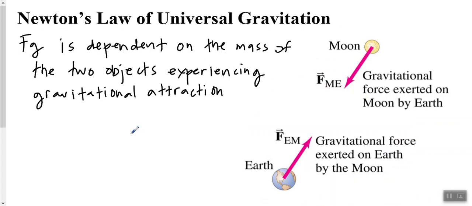Another relationship that Isaac Newton realized is that the force of gravity on an object does not only depend on the distance, but also on the object's mass. In fact, it is directly proportional to the masses of the two objects.